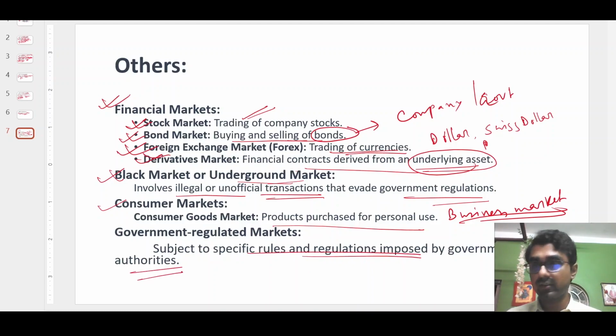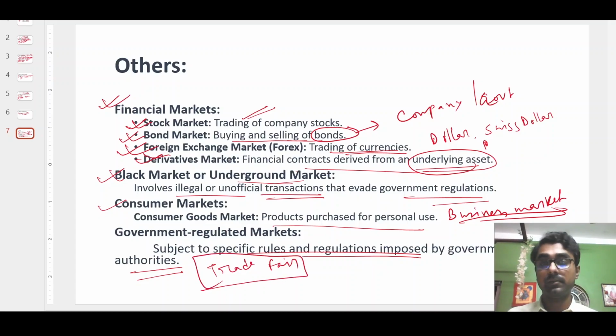Different government markets could be trade fairs sponsored by the government itself, and also markets in which the government subsidizes the seller to promote their products, right? So those are different government regulated markets.